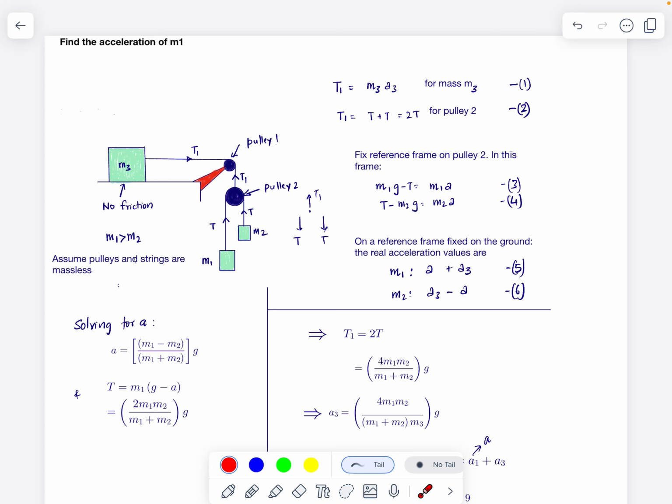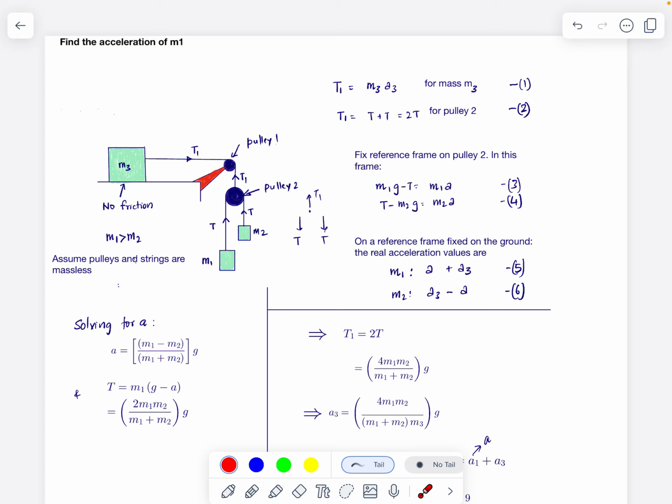Now, we know that the relative accelerations of these two with respect to the pulley are equal and opposite in sign. The real acceleration, that is, with respect to a reference frame fixed on the ground, is nothing but the acceleration of m1 with respect to the pulley plus the acceleration of the pulley itself.